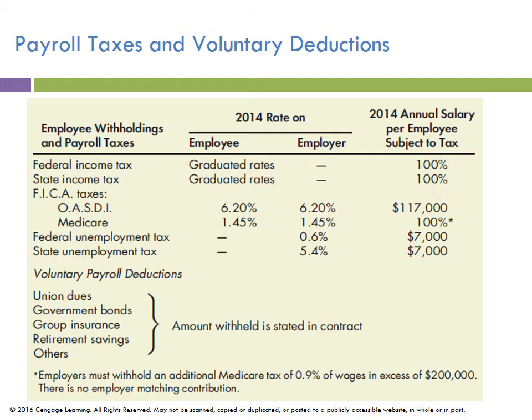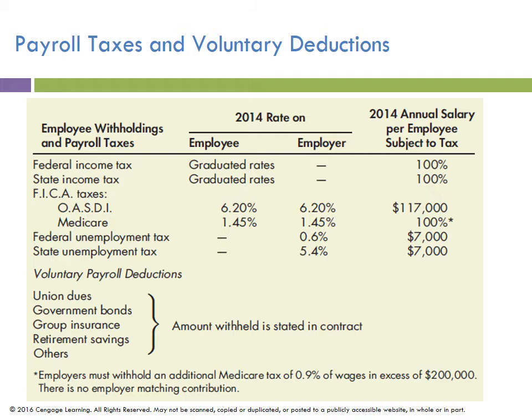When it comes to FICA, there's two major parts of FICA. The Federal Insurance Act says OASDI, which stands for Old Age Survivor Disability Insurance. First of all, it's a 6.2% tax rate on the gross pay, and this is from 2000. That's actually 2016 up there.